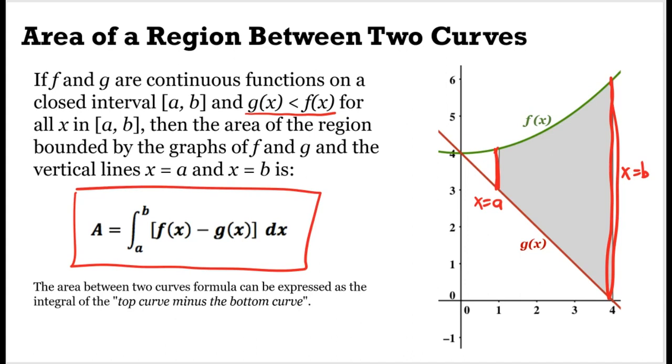So area is the definite integral from a to b of (f of x minus g of x) dx.